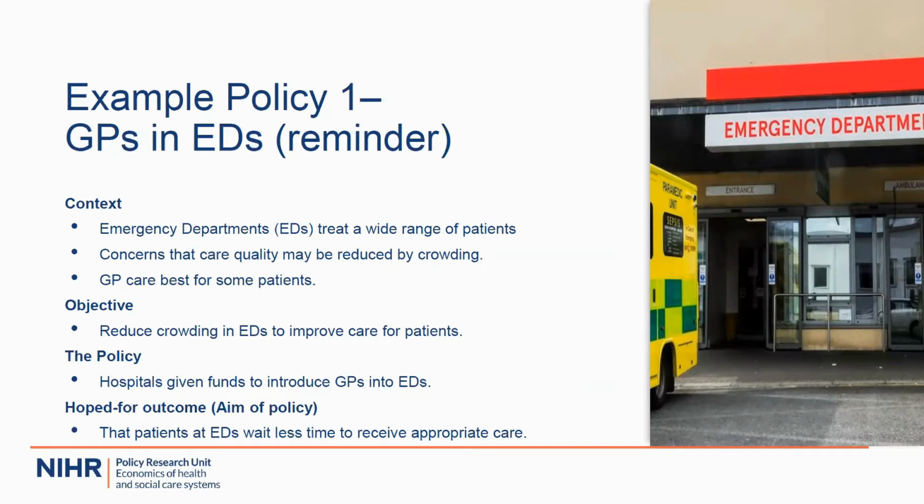So a response to this concern was to provide funding to emergency departments to be able to employ GPs to be in an emergency department or to work immediately next to it, so alongside it. And the hope was that patients for whom seeing a GP was an appropriate thing to happen, but they had come to the emergency department, could see a GP, and that would free up capacity for other kinds of clinicians to see patients for whom seeing a GP wasn't the best for them.